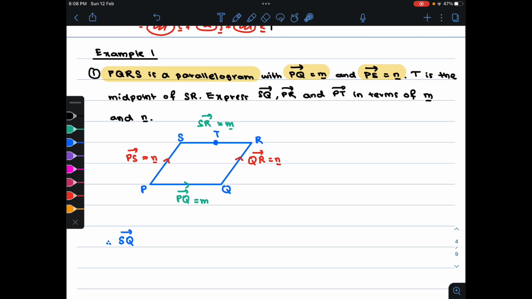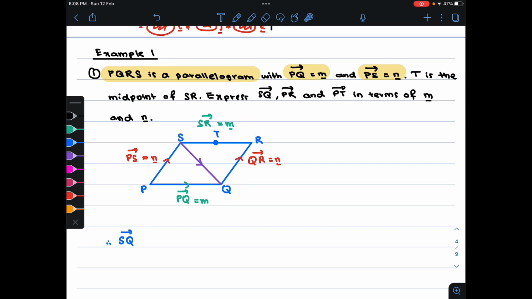First is vector SQ. SQ is here. To get this vector using vectors m and n only, from S to Q you can use either SP plus PQ, or SR plus RQ.